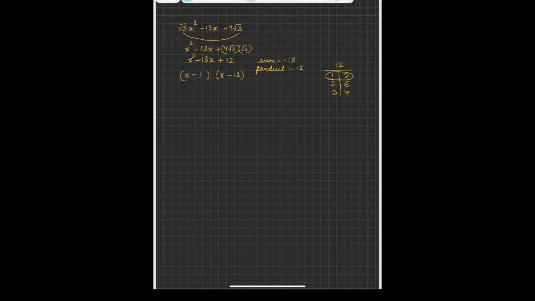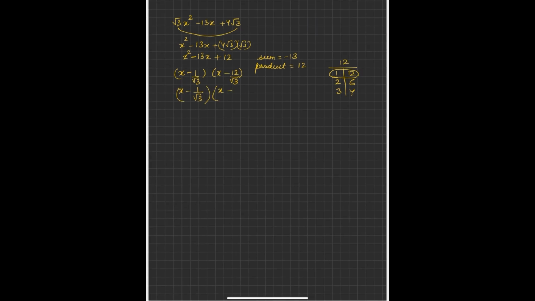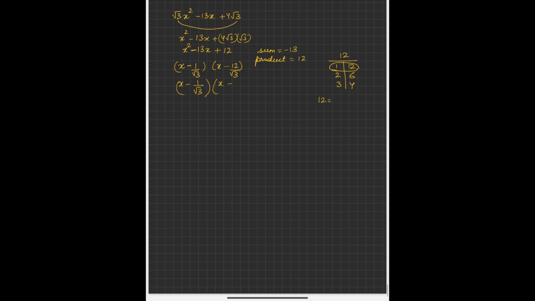Now since we multiplied by root 3, here we will divide by root 3. So this becomes x minus 1 by root 3 into x minus 12, which can be written as 4 into 3 or 4 into root 3 into root 3, right?